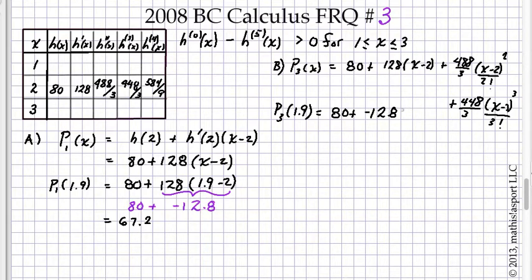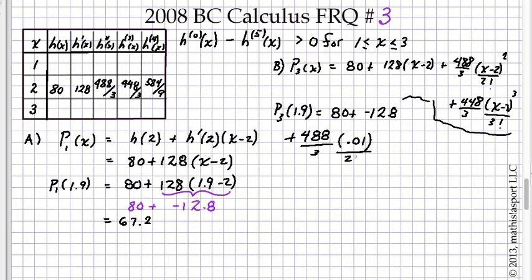This we're just copying over from the previous part A. And then we've got some additional terms, namely we have 488 over 3 times 0.01, the result of taking 1.9 minus 2, which is negative 0.1, and squaring it.